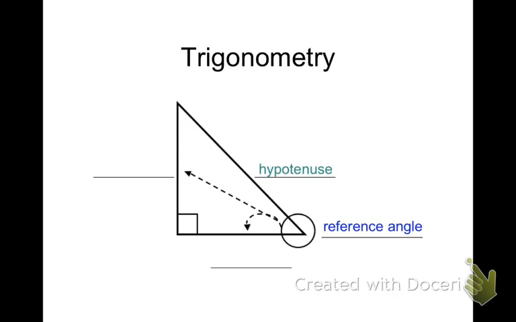If you go directly across from your reference angle, you'll have your opposite leg, which makes the leg that is attached to your reference angle, right next to it, the adjacent leg. When you did your measurements, they had an O, an A, and an H labeled on those sides, and those represented opposite leg, adjacent leg, and hypotenuse.